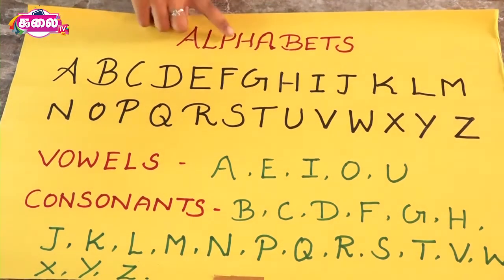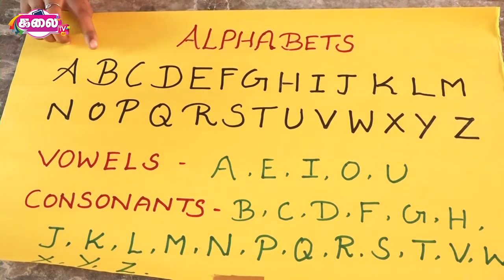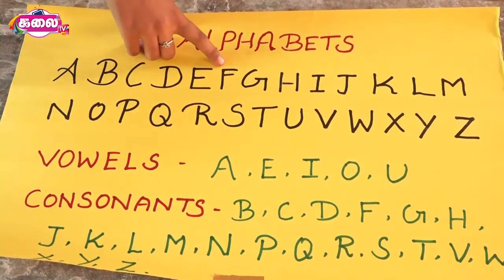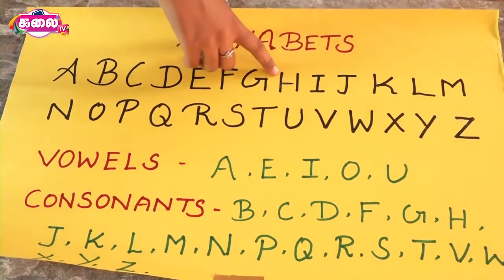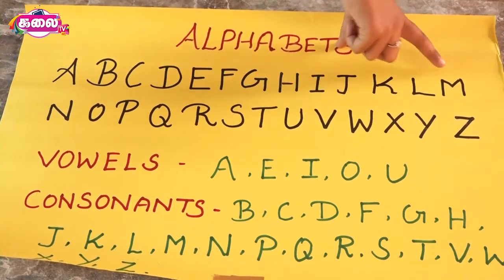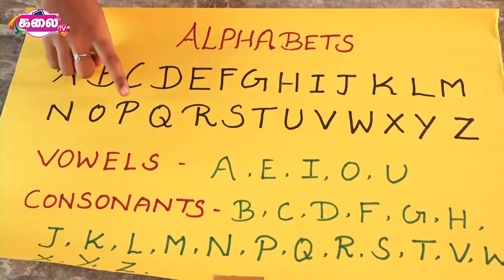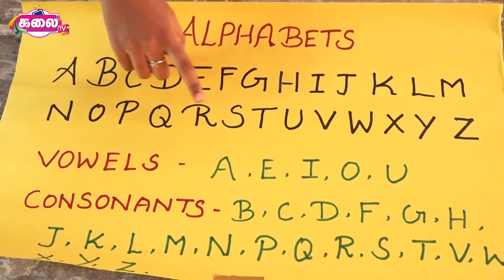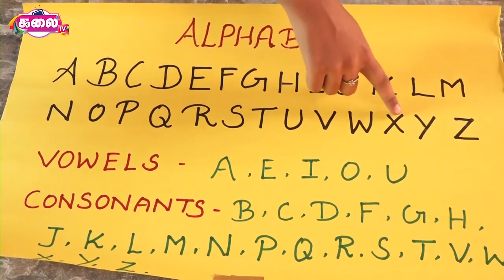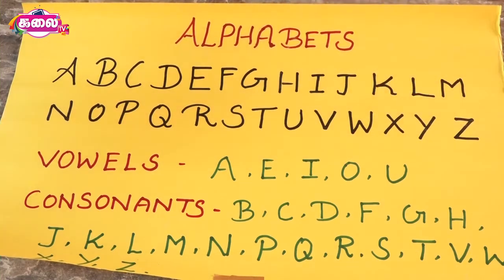See, alphabets A, B, C, D, E, F, G, H, I, J, K, L, M, N, O, P, Q, R, S, T, U, V, W, X, Y, Z. These are the alphabets. And these alphabets are divided into vowels and consonants.